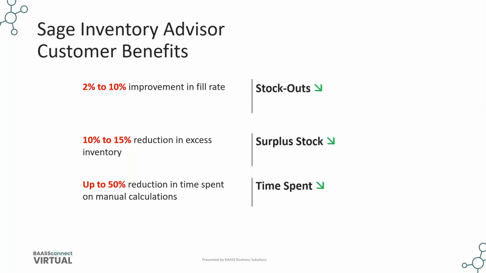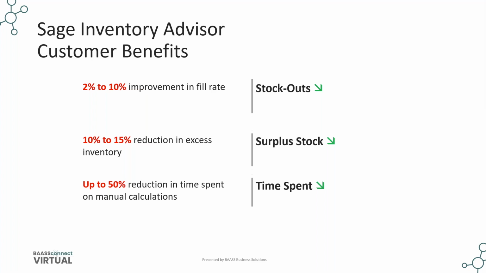And roughly half of a planner's time is not necessarily spent making planning decisions, but spent pulling together all the information you need to make planning decisions. So collecting data, extracting data, maintaining and supporting spreadsheets. So Inventory Advisor will never replace the knowledge or the expertise that you have in your business, but it will replace all of those manual tools, manual tasks, so that you can spend your valuable time focused where you need to spend it most, where you have problems, where you have issues, and placing optimal orders.